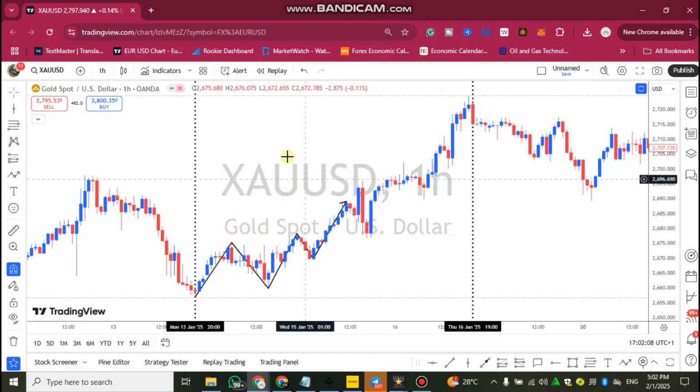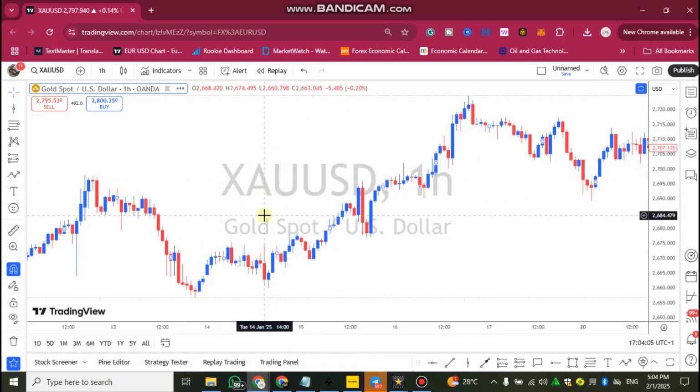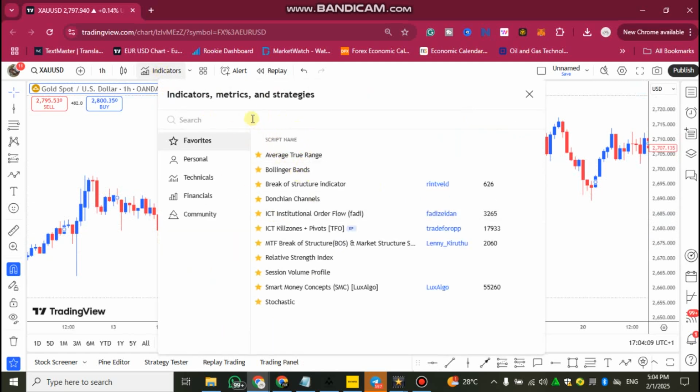Now if you want to use an indicator to draw those things on your chart, this is what you're going to do. You come to the indicators list, right, and you select the indicator that you want to use. I'll always prefer that you use Smart Money Concepts by LuxAlgo, because you can really have all those things in there. You have break of structure, you have change of character, and you have the rest.